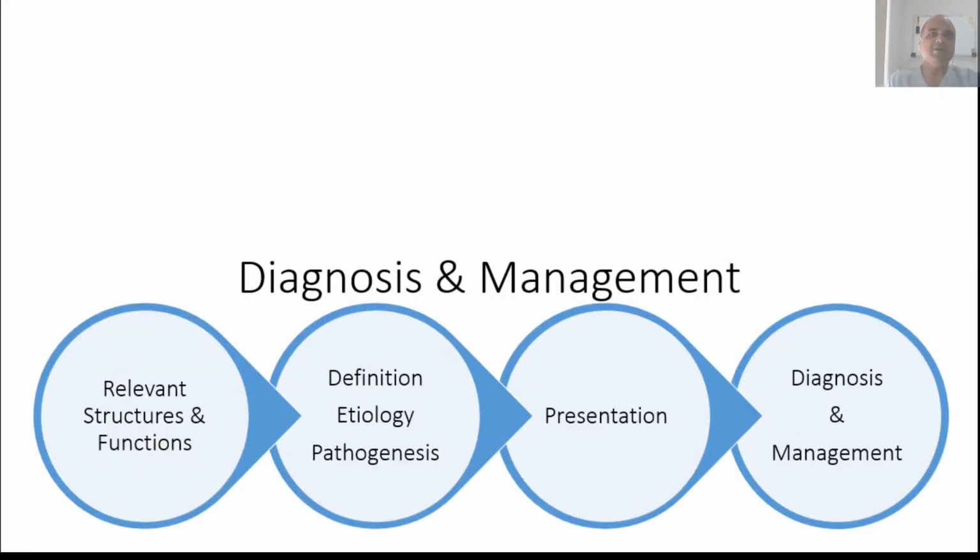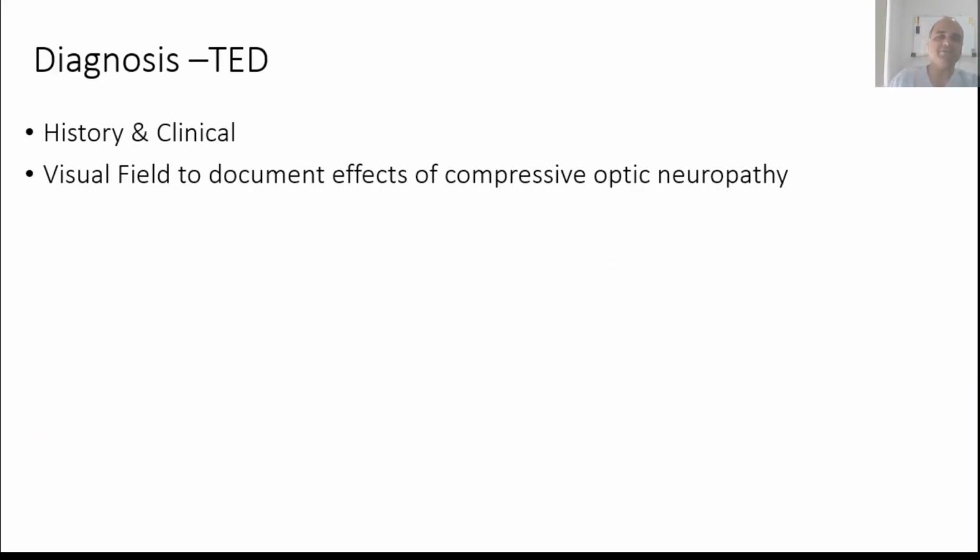So now we are coming on to the diagnosis and management phase of our discussion. The diagnosis is basically based on history and clinical findings. You can do visual fields to document the effects of compression of the optic nerve, or the effects of compressive optic neuropathy.